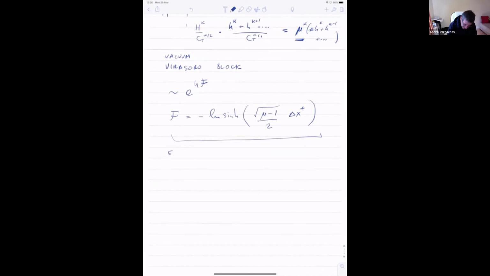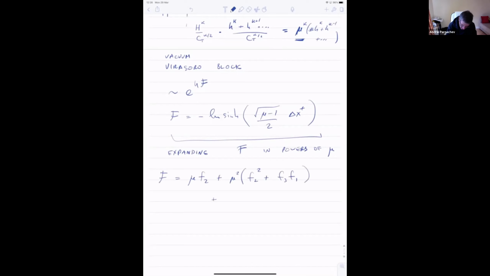So, expanding this curly f in powers of mu, we get the following. The first term is something which I call f2. The second term is mu squared times f2 squared plus f3, f1. And I'll explain what f is in a second.